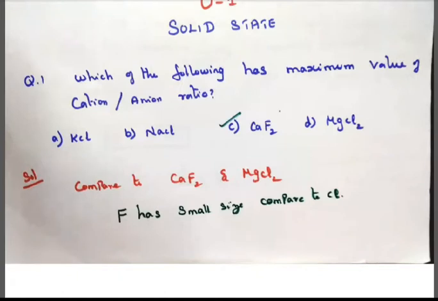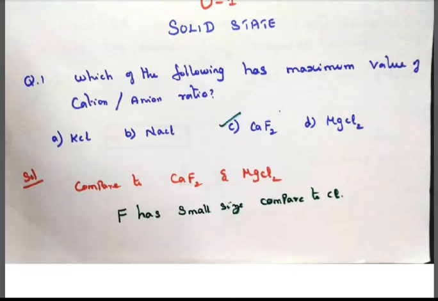When you go from top to bottom, magnesium is a smaller cation and calcium is larger. The larger the size of the cation, the larger the cation to anion ratio, and the smaller the anion.